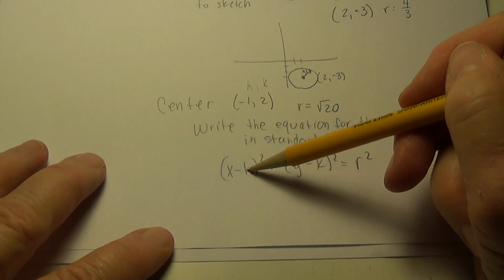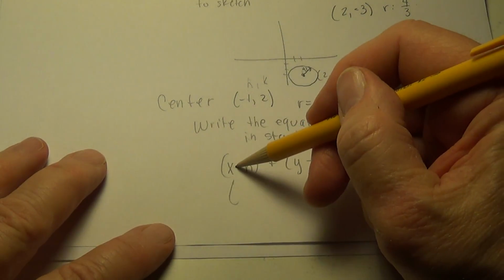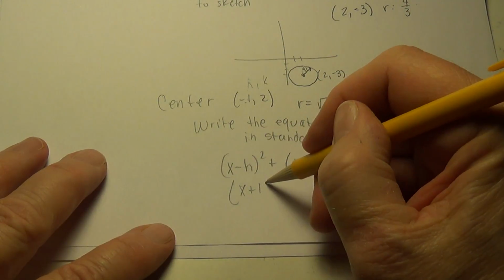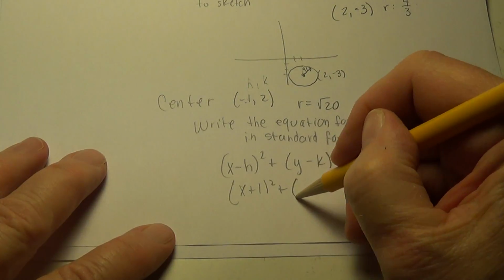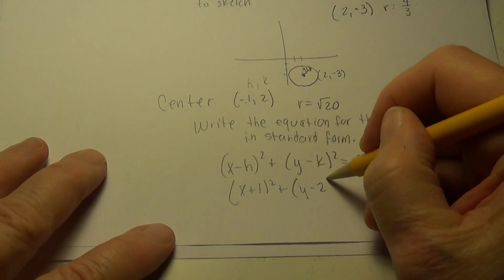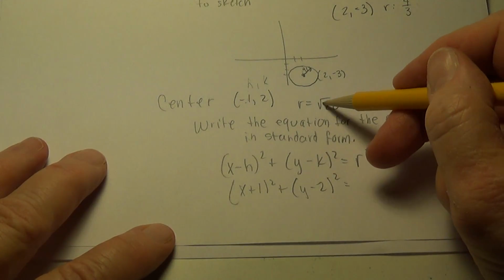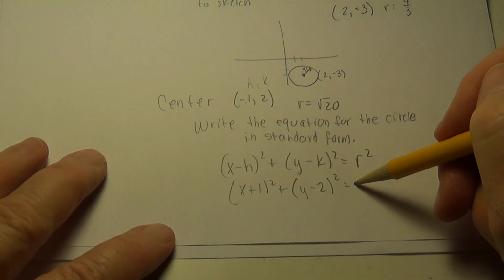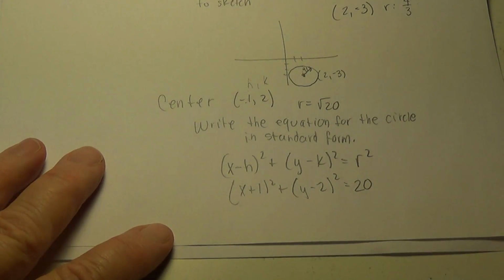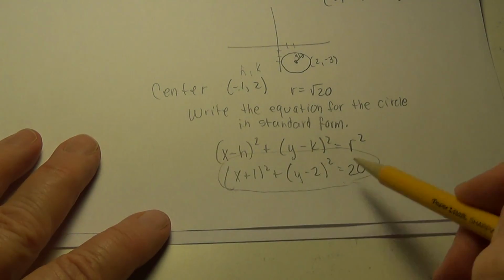I'm going to put it in as a +1, or you can think of it as a -1. X plus 1 quantity squared. When I get over to the y, I'm going to put in the opposite sign. And now I need to square the radius to put it in standard form. Square root of 20 squared, 20. All right, so that's the answer right there.